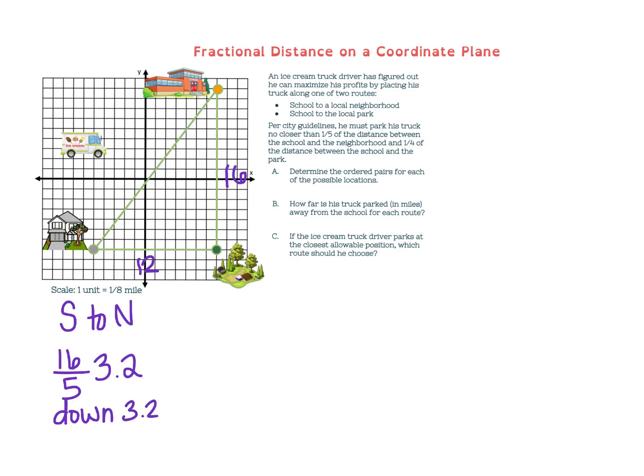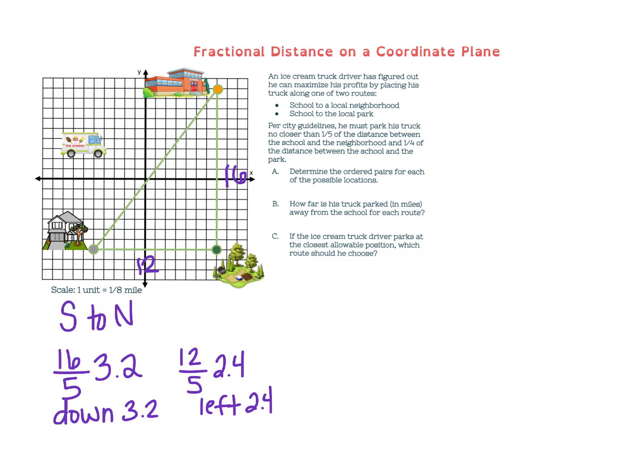And then if I'm looking at the horizontal distance, I want to take a fifth of 12. So 12 divided by 5 is 2.4. So that means I would go left 2.4. Now I'm talking about starting from the school.